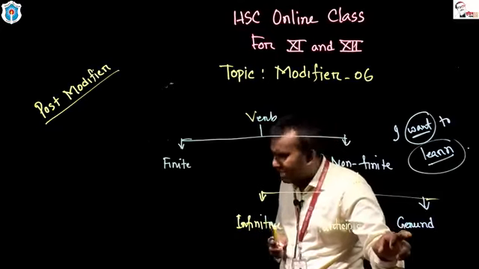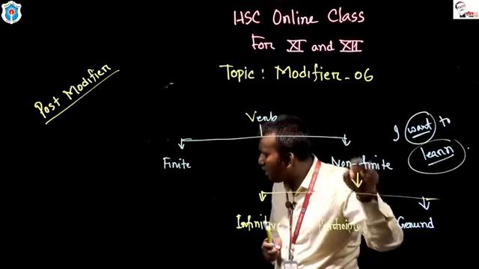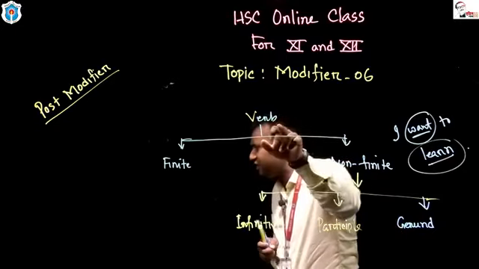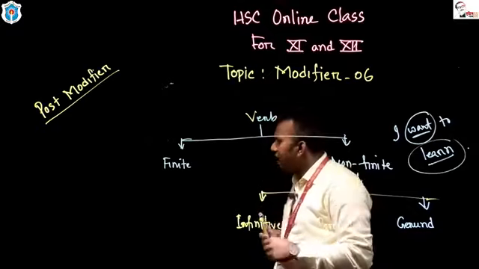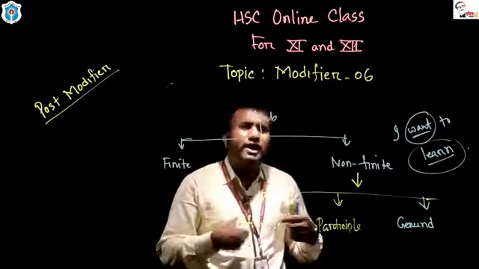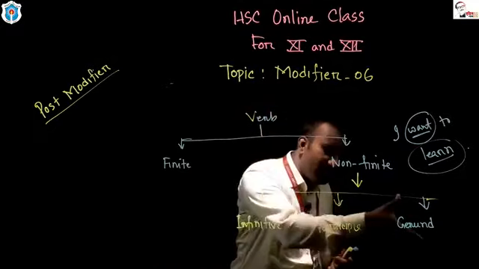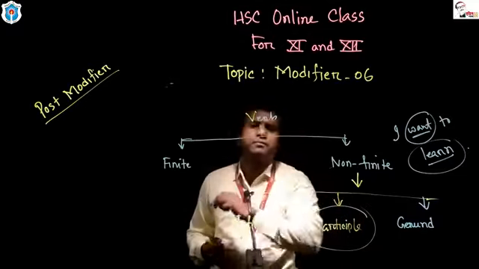Infinitive, participle, gerunds are under non-finite verb. Non-finite verb is under verb. So can I say that infinitive, participle, gerund are the forms of verb? Yes, thank you. Now we have to identify infinitive, participle and gerund. Actually, our target of discussion is participle.